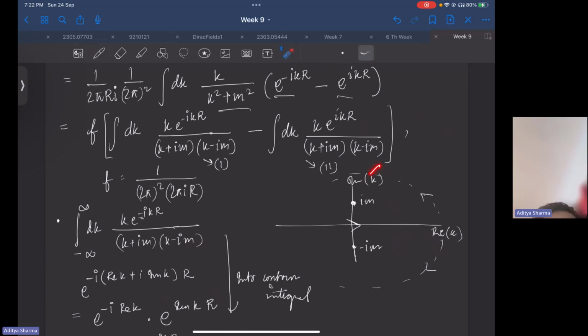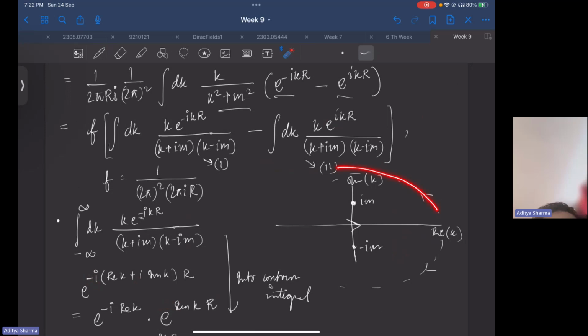Now the integration of this part: in this part you have a plus sign here, and this will give you a minus sign here. Since there is a plus sign here, i and i will make a minus sign here.